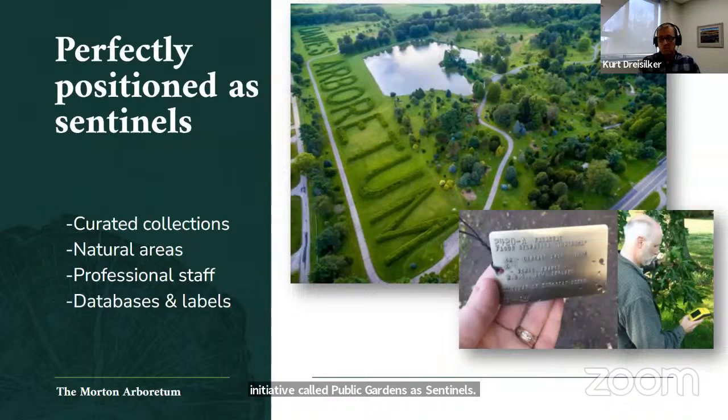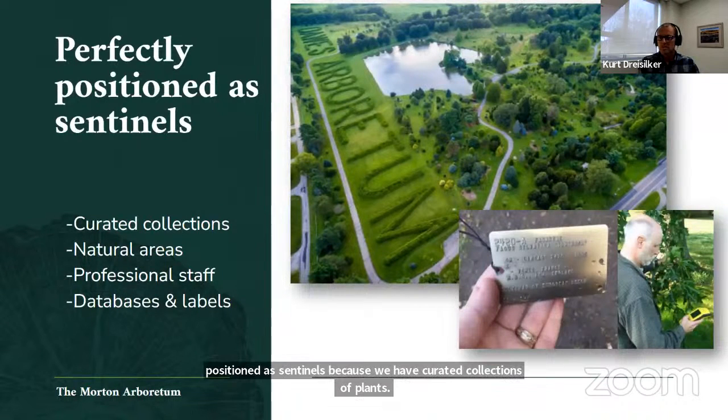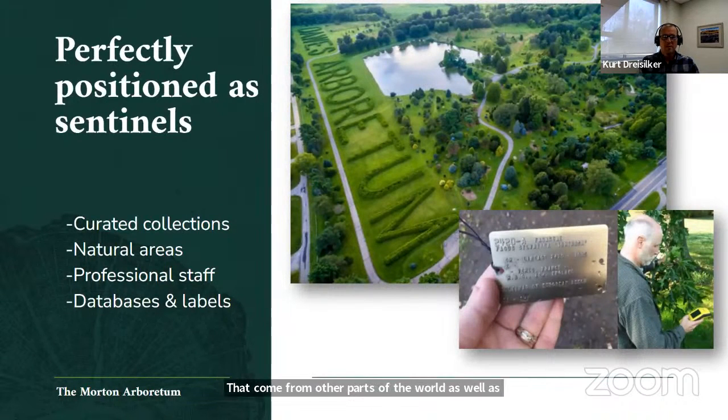So we did recognize, however, that gardens are actually perfectly poised and positioned as sentinels because we have curated collections of plants that come from other parts of the world, as well as the native range where the garden is located. We have natural areas oftentimes where we can find plants spreading into those uncultivated areas. Professional staff, curators and horticulturalists who dedicate their time to managing the landscape.